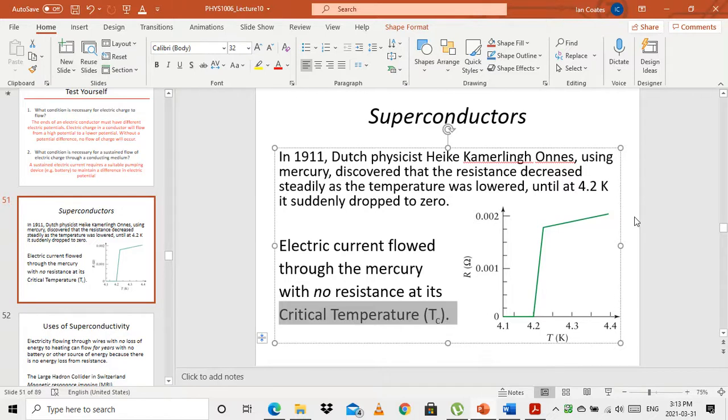I can get more electrons flowing in there the cooler it gets. And it's pretty steady, but then at a certain temperature, the critical temperature, the resistance falls to 0. And now the electrons flow absolutely unimpeded.